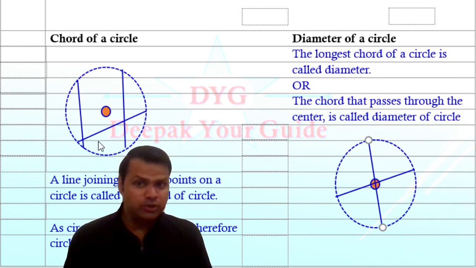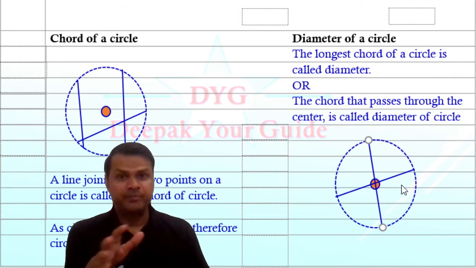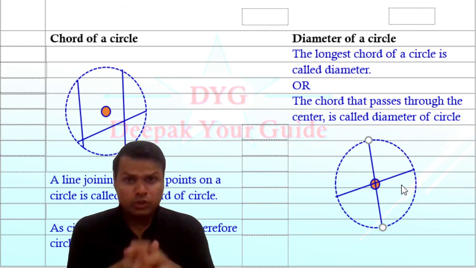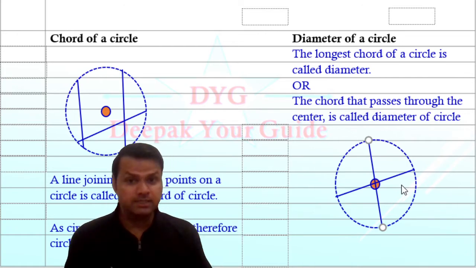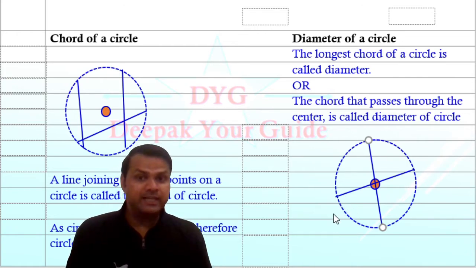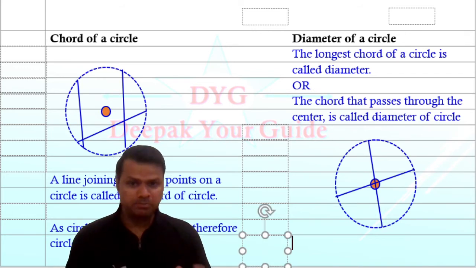See, any chord which is not passing from the center will definitely be smaller than the diameter. So that's why we say that diameter is the longest chord of the circle. Or you can also define that diameter is a chord that passes from the center. So for diameter also we have got the specific letter.